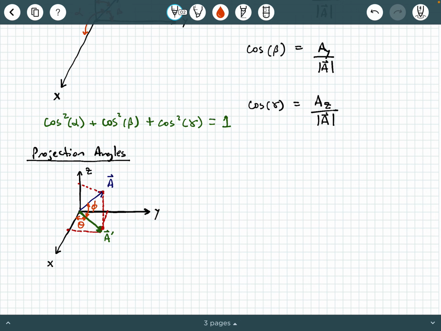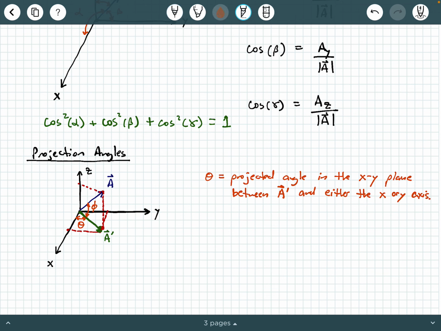So what does that mean for us? Well, let's write this over here. We're going to say theta is the projected angle in the XY plane, okay? And that's going to be between vector A prime and either the X or Y axis, okay?